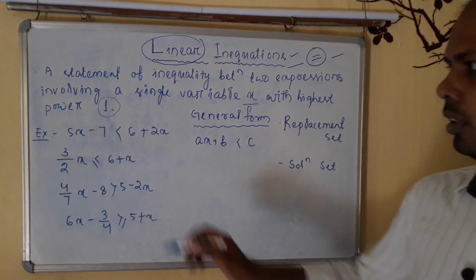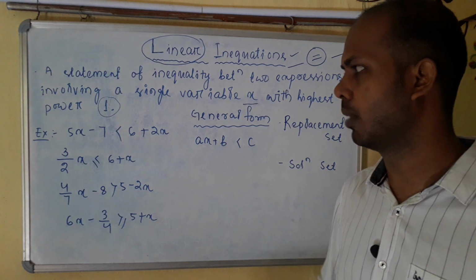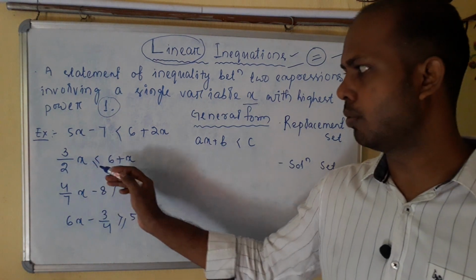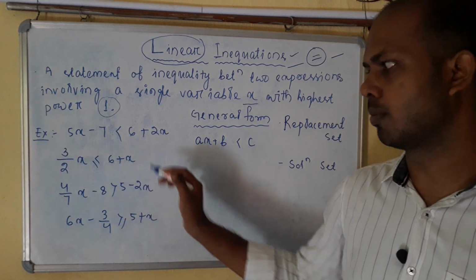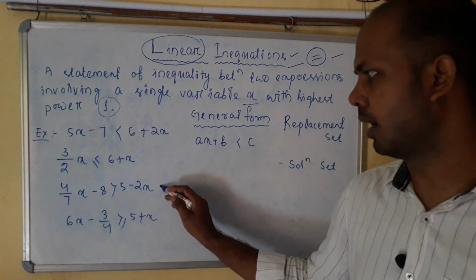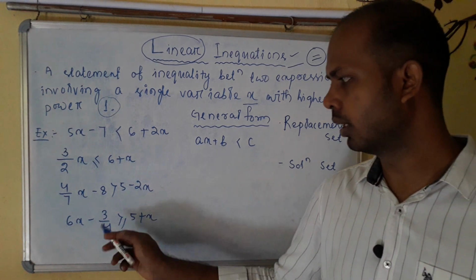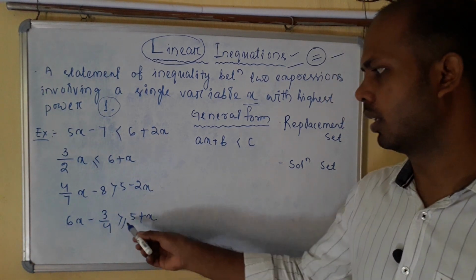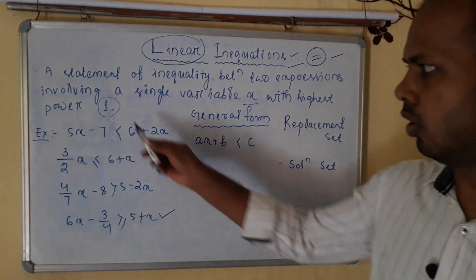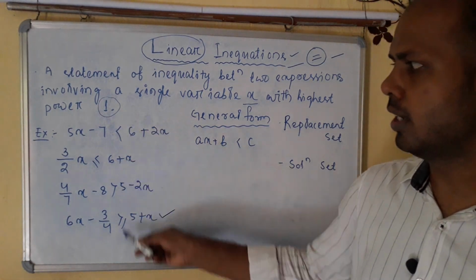For example, the first one, 5x minus 7 less than 6 plus 2x; 3 by 2x less than or equal to 6 plus x; 4 by 7x minus 8 greater than 5 minus 2x; 6x minus 3 by 4 greater than or equal to 5 plus x. Look, in all these cases, which sign is there?